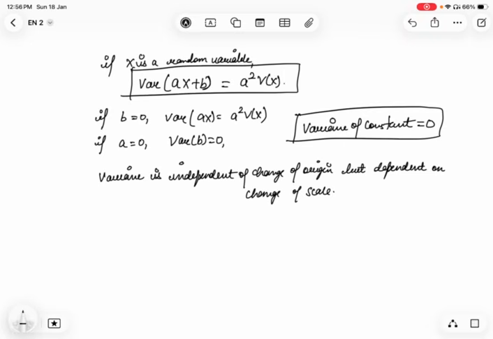Remember that variance is independent of the change of origin but dependent on the change of scale.